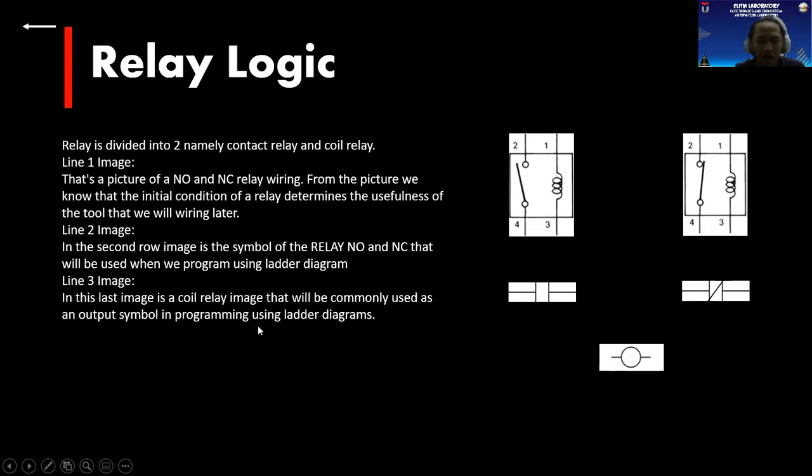And the last image is a coil relay image that will be commonly used as an output symbol in programming using ladder diagram. It's usually used where we want to use an output symbol when programming using ladder diagram, and we have to learn that in the first module.